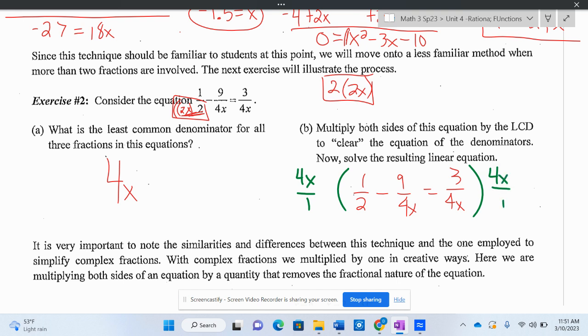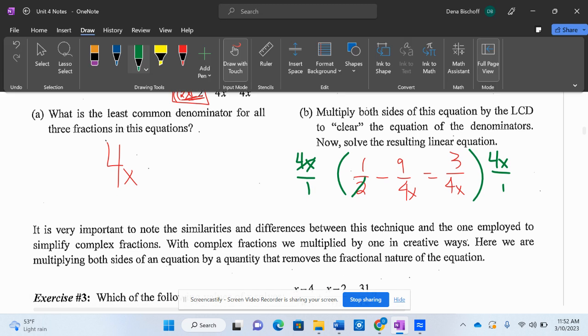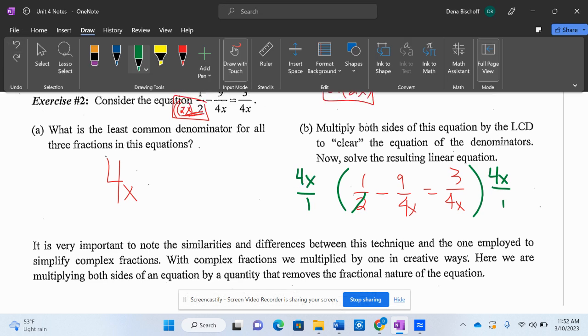The multiplicative property of equality says that I can do that, as long as whatever I multiply one side by, I multiply the other side by. Okay? So I'm going to cross reduce. 2 will go into itself one time. 2, maybe I won't do that yet. I'm going to wait a second. Let me undo that. Let me distribute first, or at least separate it so you guys can see what's going on. This is such a small space for me to fit all this in.